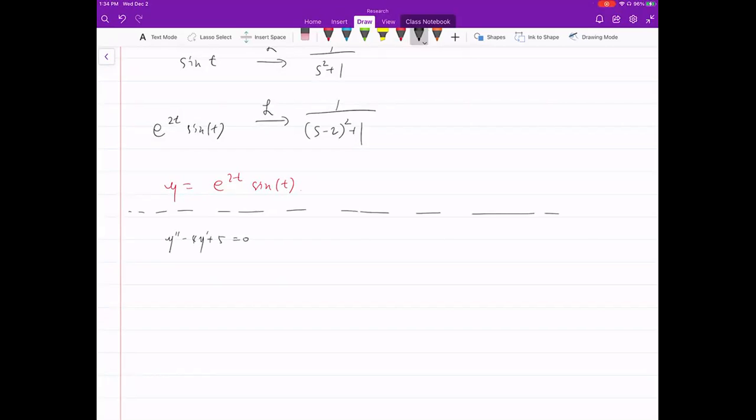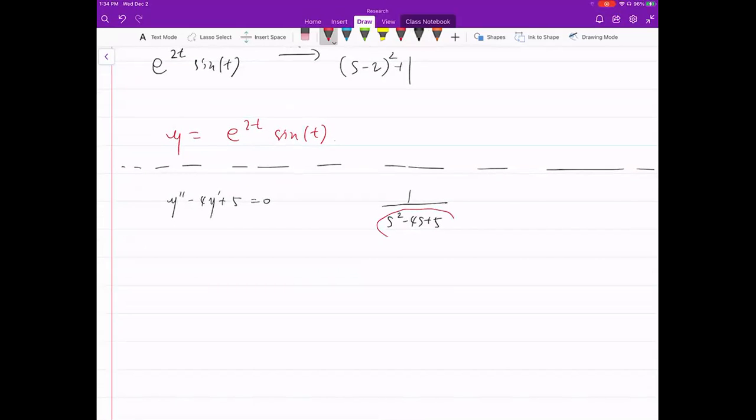You did the Laplace transform and everything. You end up with something like this. And then you complete the square and try to do everything. Okay, that's fine. That's what we did.